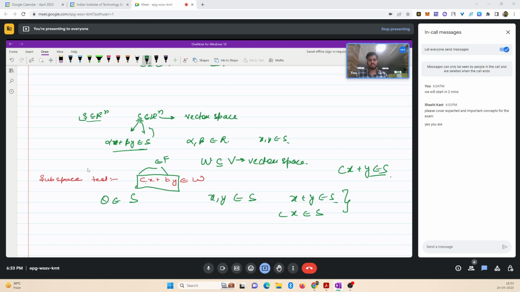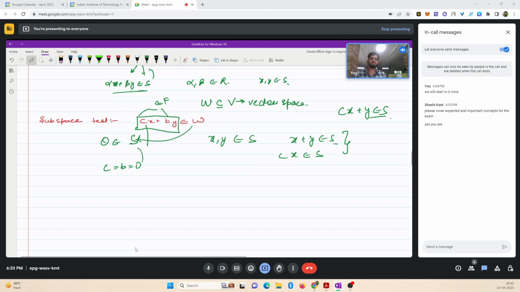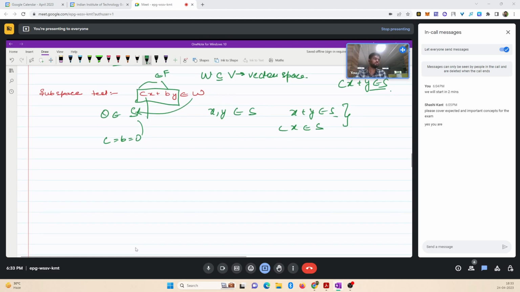you can take C equal to B equal to 0, then this would implicitly infer that 0 also belongs to your set, right? So if an exam asks anything related to vector space, it should be something related to proving a particular set is a subspace, or you might be given some properties and then you need to check whether a set satisfying these properties is a subspace or not.